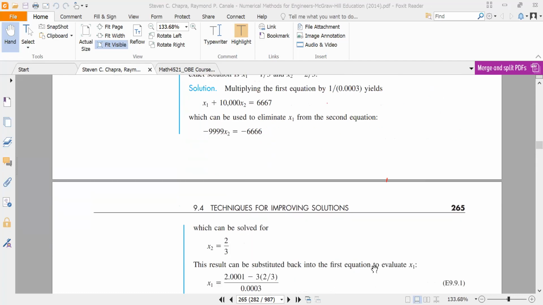But in your computational algorithm, your computer cannot store x2 equal to 2 by 3, because it will be stored as a floating point number, isn't it? What is the value of 2 by 3? 0.6666666. It will never converge, okay?